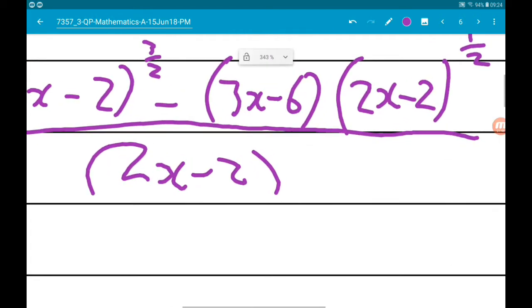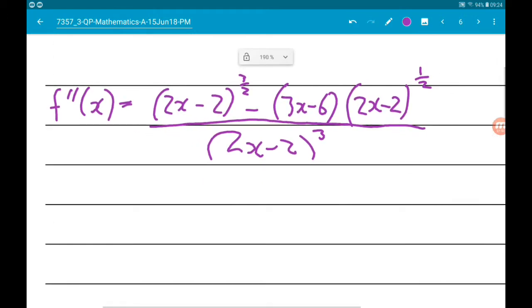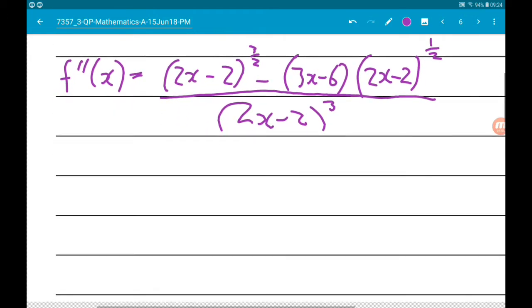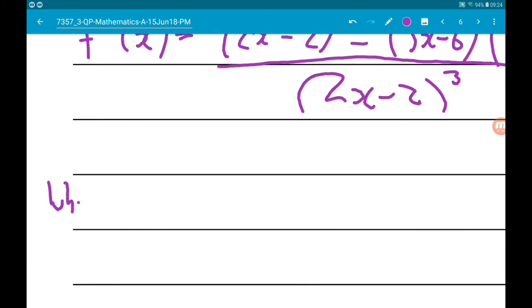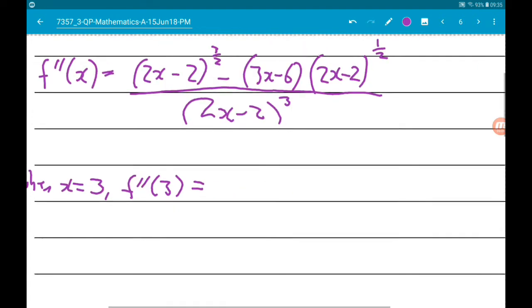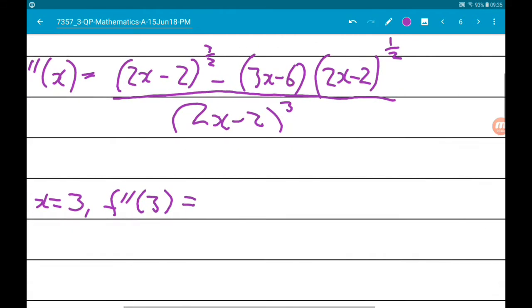Okay, so let's see what the gradient is doing to the left. So let's go when x equals 3, f double dash of 3. Okay, we're going to get 2 times 3 minus 2, so 4 to the 3 halves minus 3 times 3 minus 6.